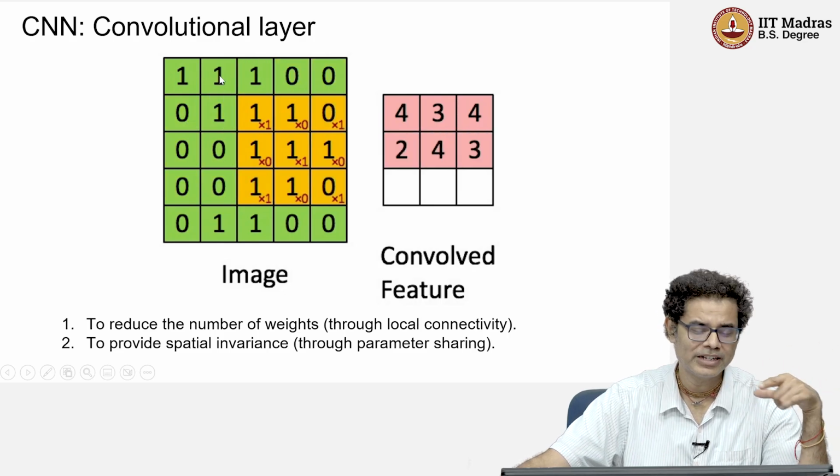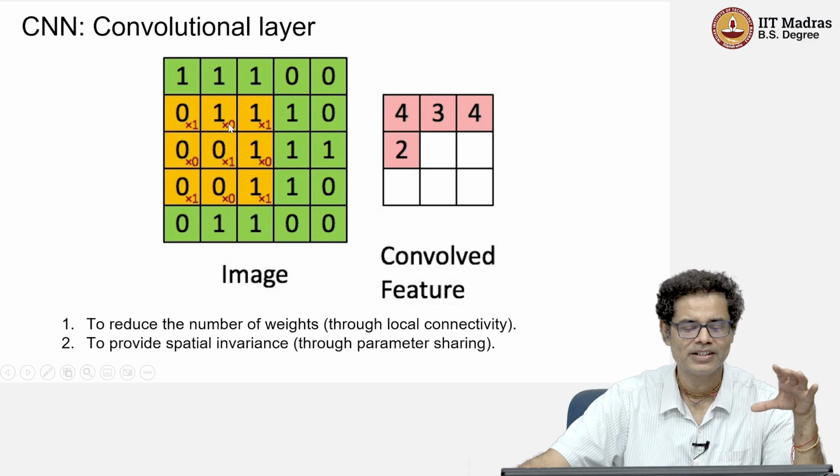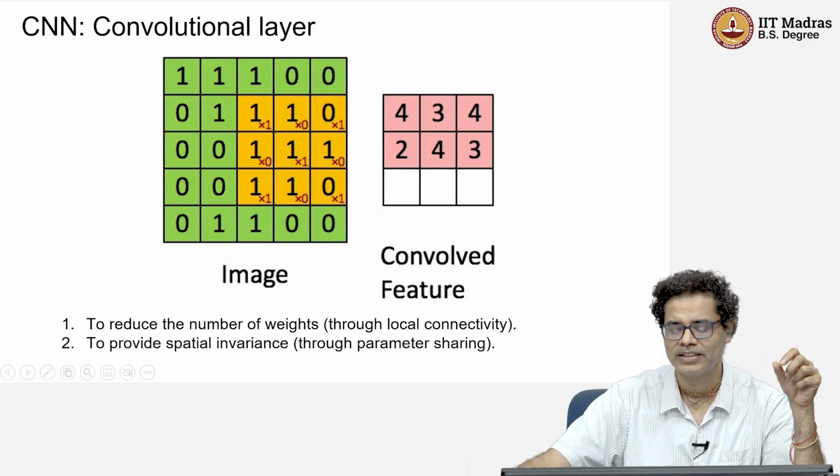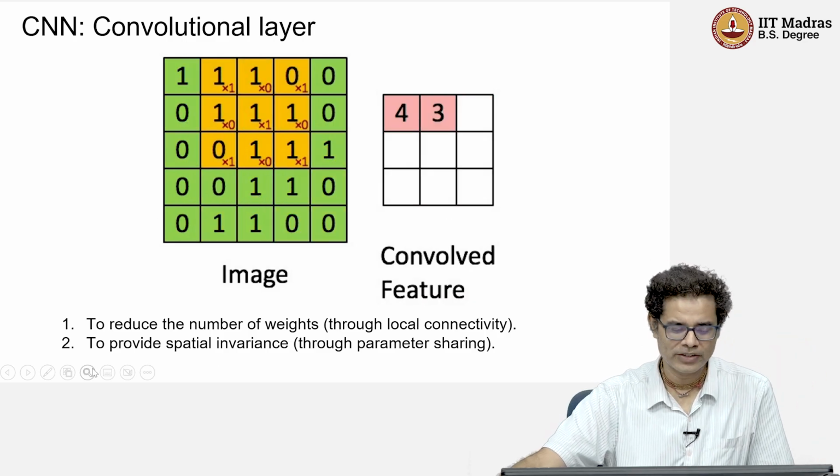The data is already there, represented as 1, 1, 1, 0, 0. You put this kernel at a specific window location and do a weighted linear combination, and that is how we get this filtered output, a convolved feature. So this is what convolution is doing.